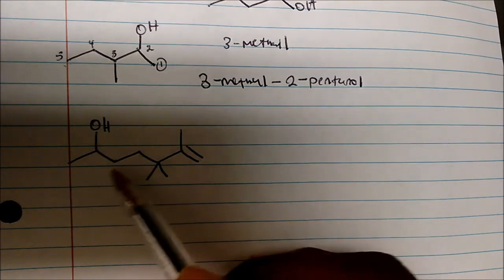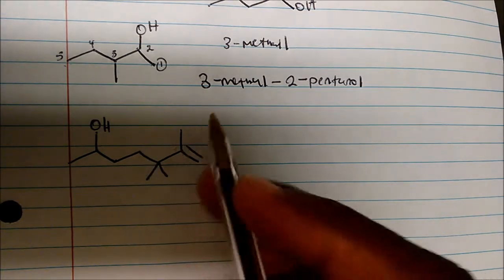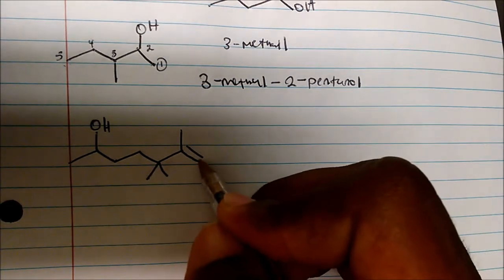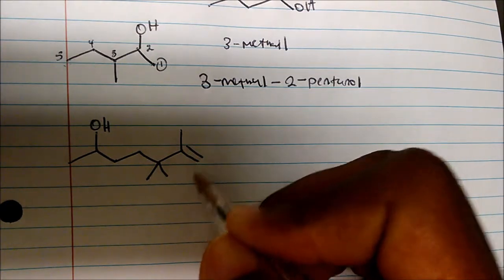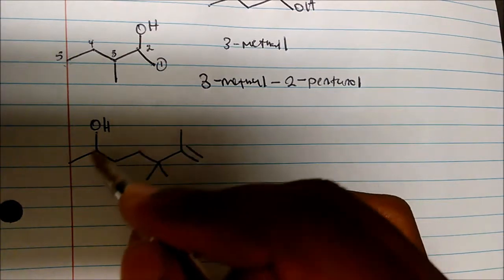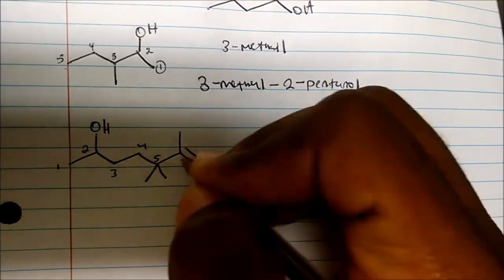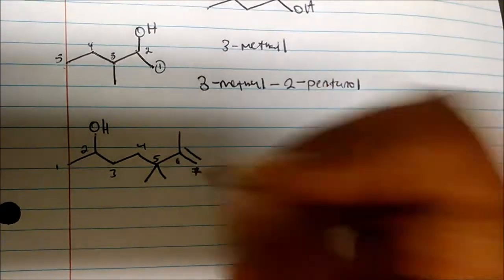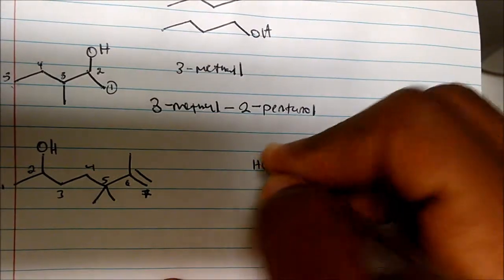This is our parent chain, and so the alkene will be a substituent in this matter. So we wouldn't start from here and say, okay, this is carbon 1, 2, even though that gives the alkene the lowest possible number, but this is an alcohol, so alcohol gets priority. So we could say this is carbon 1, 2, 3, 4, 5, 6, 7. So the parent chain in this case would be heptanol, right?